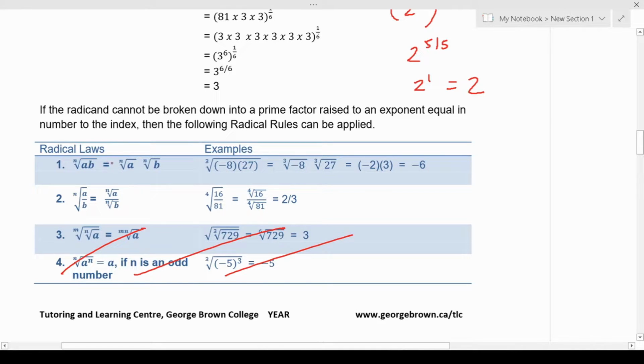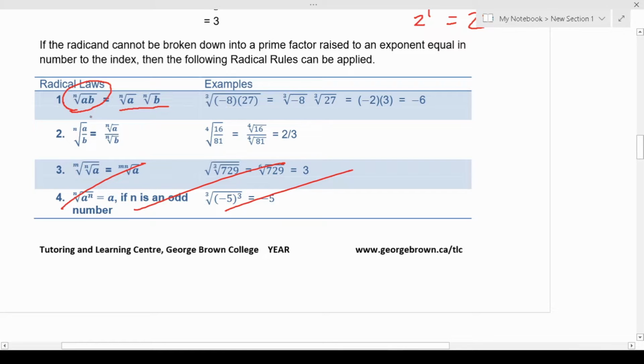Of course, according to this law, we can take those 2 and break them apart as such. The cube root of -8 is -2, whereas the cube root of 27 is 3. So this becomes -2 times 3, or -6. So again, if you have 2 numbers multiplied to the index, you can break them apart into separate radicals.